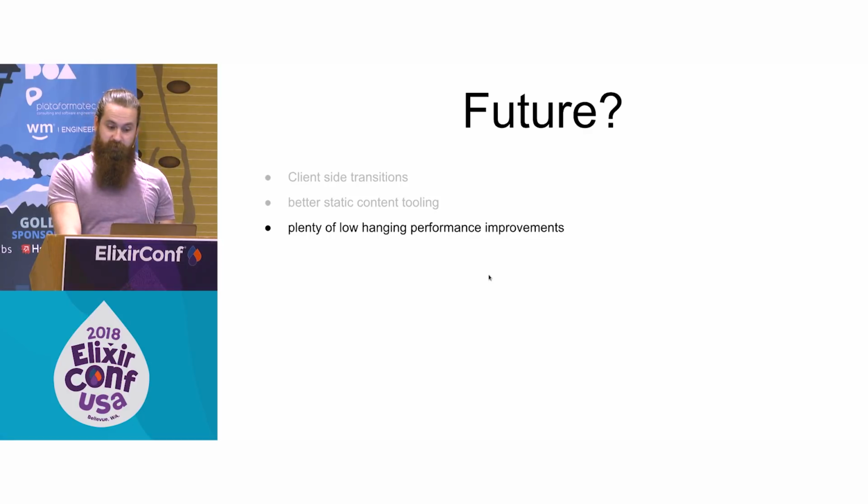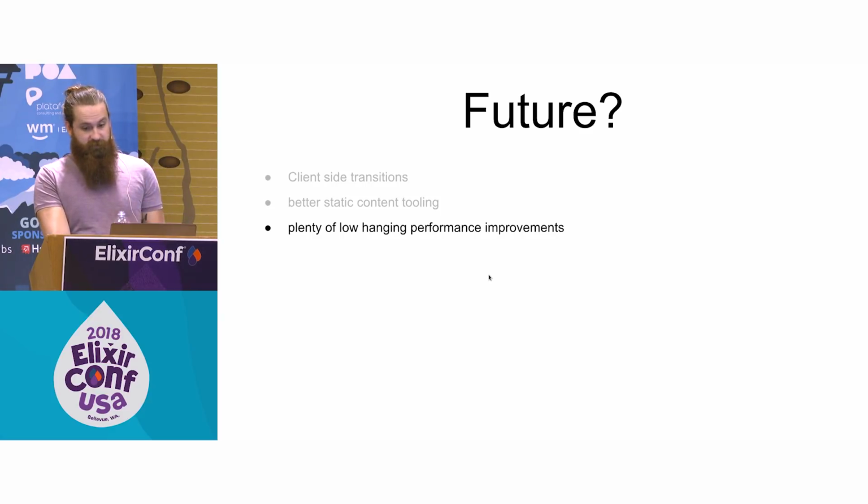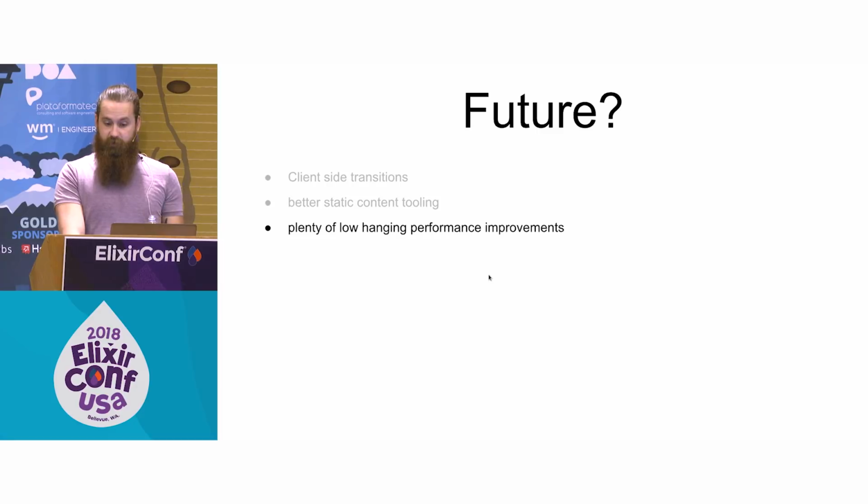Yeah, plenty of low-hanging performance improvements. I think I mentioned many times that the messaging protocol has a long way to go. The diff, and the patch created by the diff, has a long way to go to be optimal. And I think it's already pretty fast. It's surprisingly quick, even over cell phone internet and whatnot. There are a lot of optimizations for the templating engine, which is quite a bit slower.